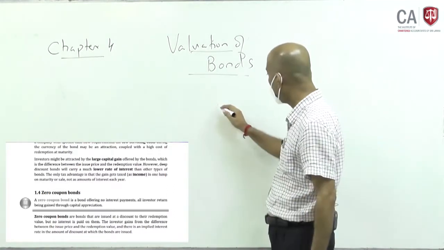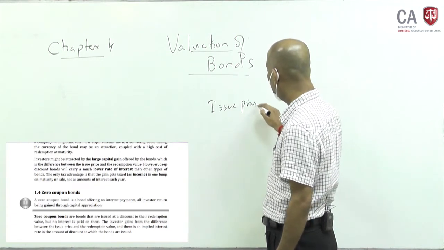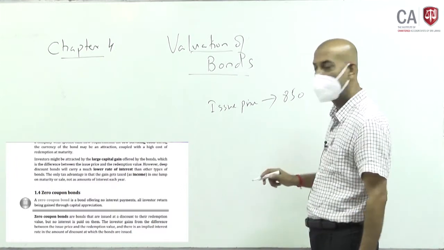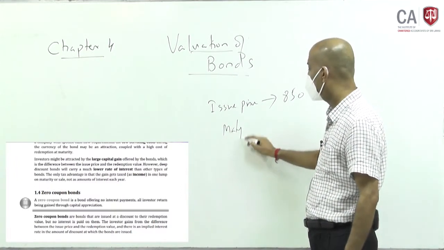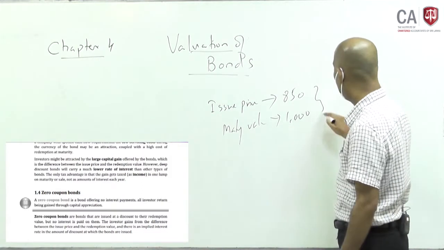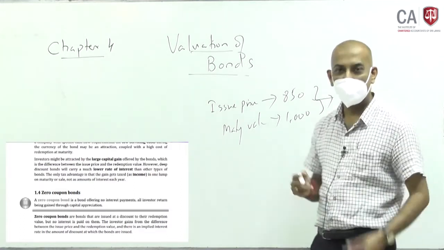So the 1000 rupee nominal value, the issue price, for example, say it will be issued at 850, and the maturity value is say 1000. So what happens? This 150 actually forms your return on the instrument.